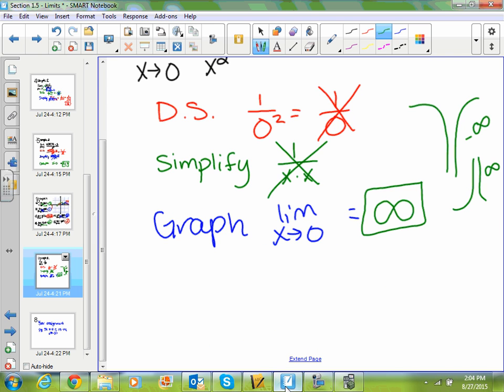And what does that tell me about the point x equals 0, the line x equals 0? At infinite limits, what do we know about those points, those lines? x equals a is a vertical asymptote.